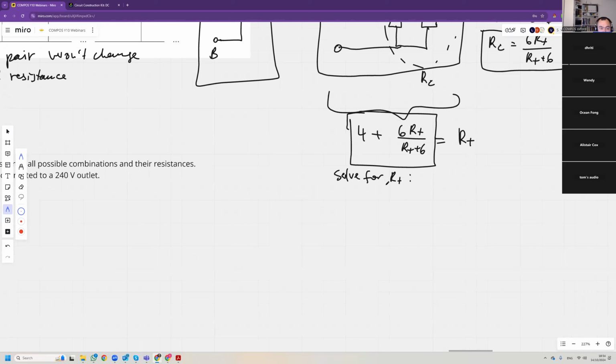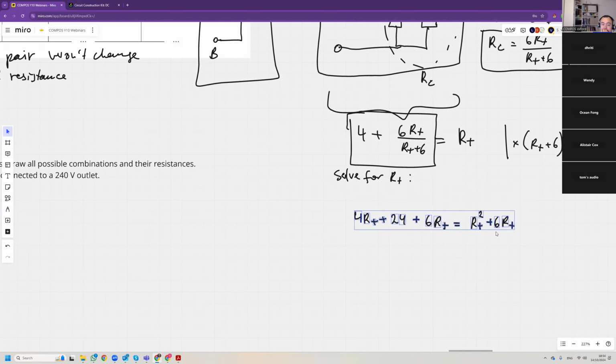And that becomes 4RT plus 24 plus 6RT equals RT squared plus 6RT. So what I did is I multiplied the whole thing by RT plus 6. You know what? Let's not skip a step. I multiply by this.